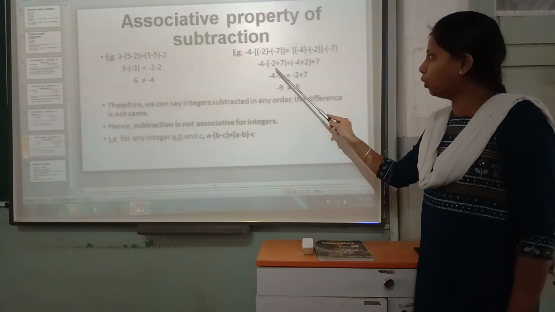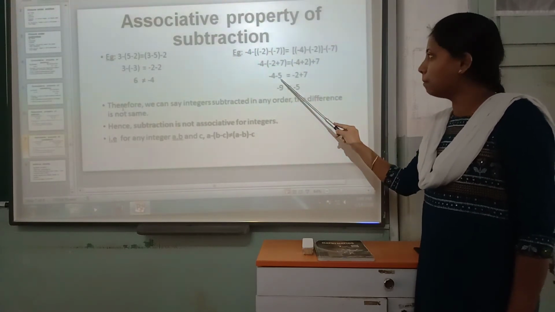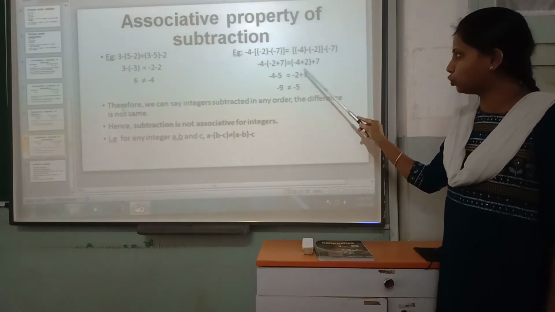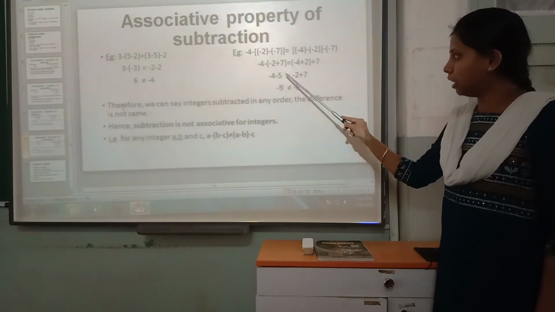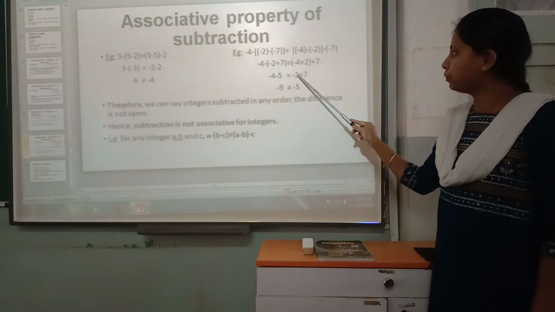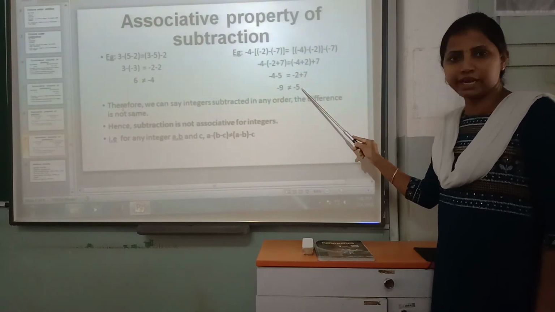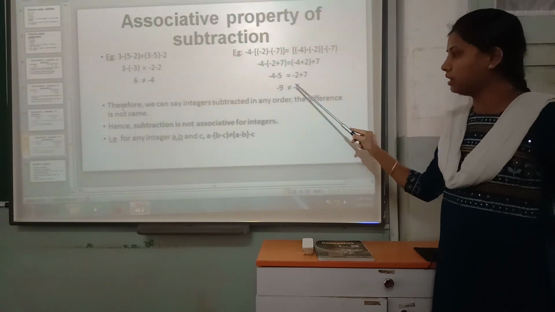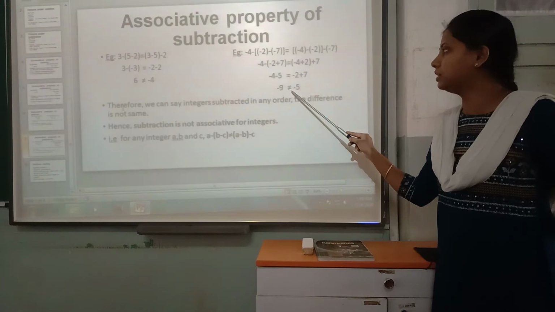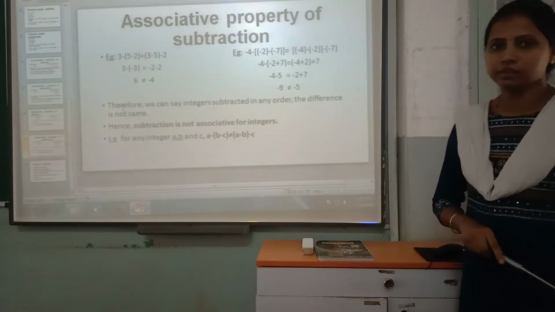Now if we simplify, −4 − 5 is −9, and −2 + 7 is 5. So −9 and the other result are not the same. They are not equal.